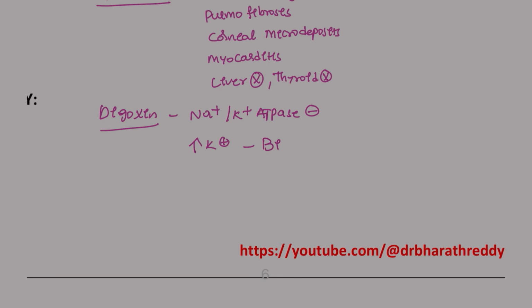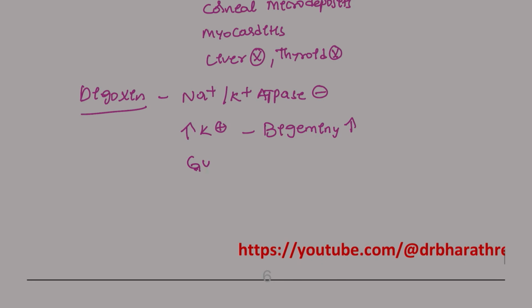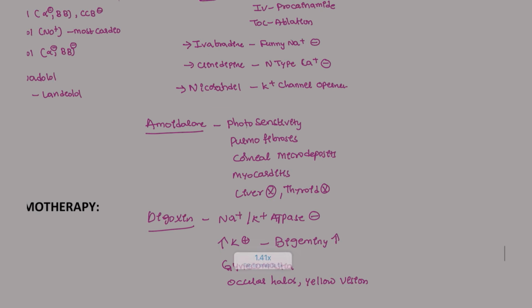This will be associated with bigeminy arrhythmia, and if it is not controlled, the patient will be at more and more risk of arrhythmias. Other side effects are gynecomastia and ocular symptoms like halos and yellow vision.